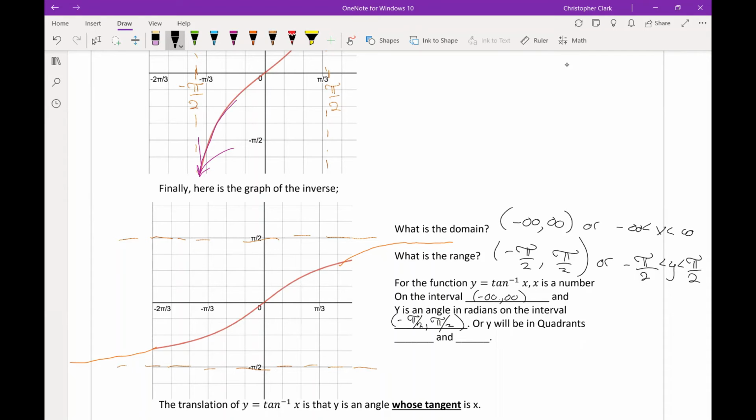And what quadrants is this going to be? If we think about our unit circle, we did something similar with sine and cosine, where we basically cut off our unit circle in order to look for our values.